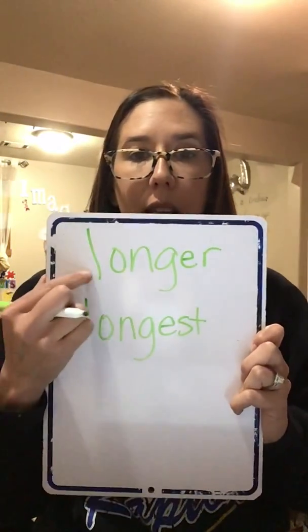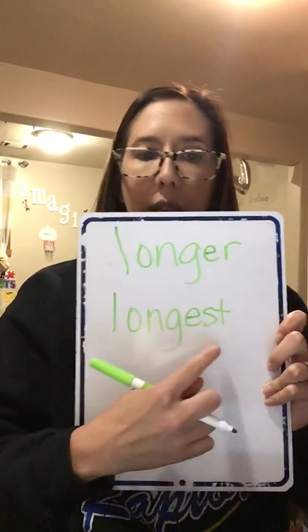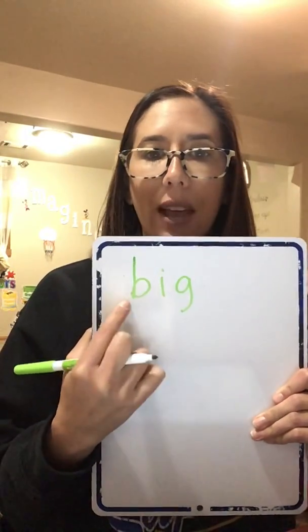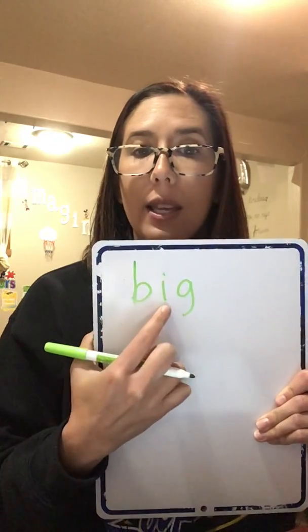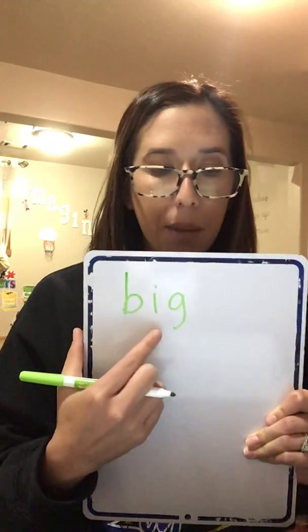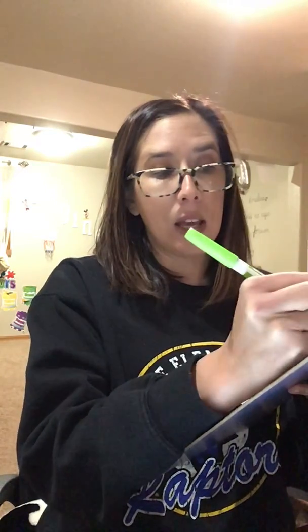Okay, now sometimes we just add the ER and the EST at the end, like in this word, longer, longest. Sometimes if a word has a short vowel in it, like the word big, what does my vowel sound say? I. So if I have a short vowel sound like b, i, g, and I want to put ER at the end, I am going to have to add another G. Why?